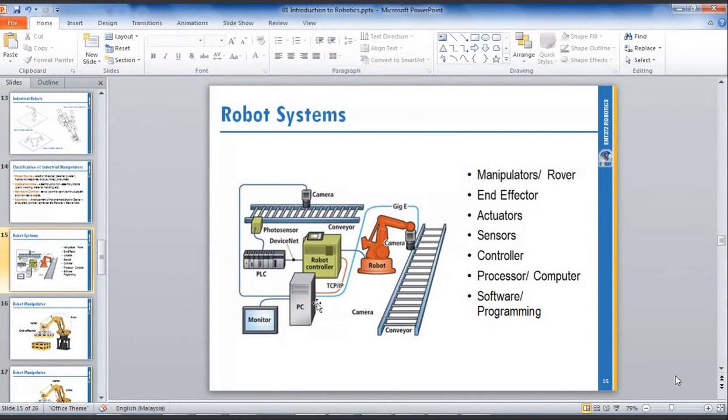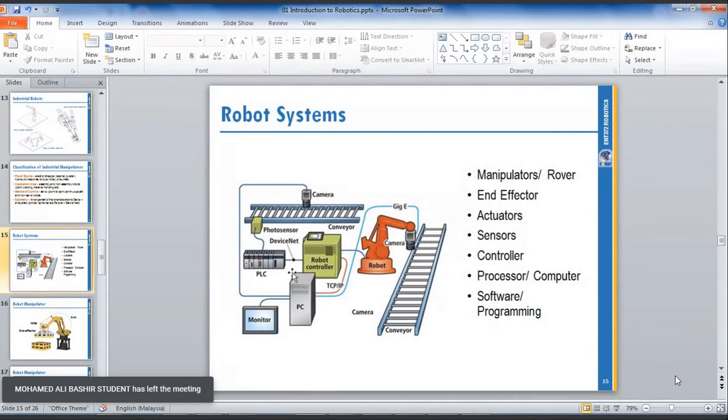The PC is more for the vision system. We use a PC because previously the PLC could not make decisions on image processing. Maybe the latest ones already put a computer inside the PLC, so maybe they can do image processing.